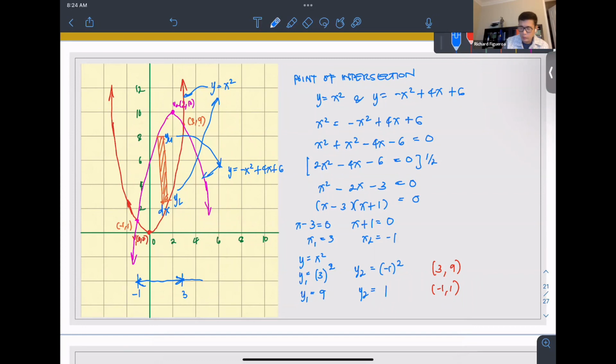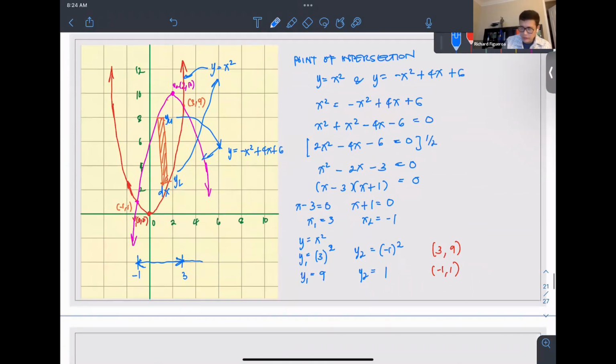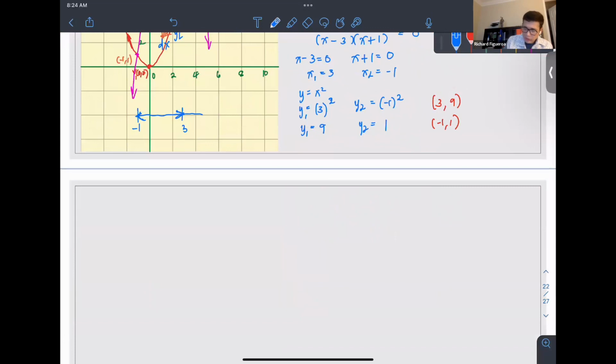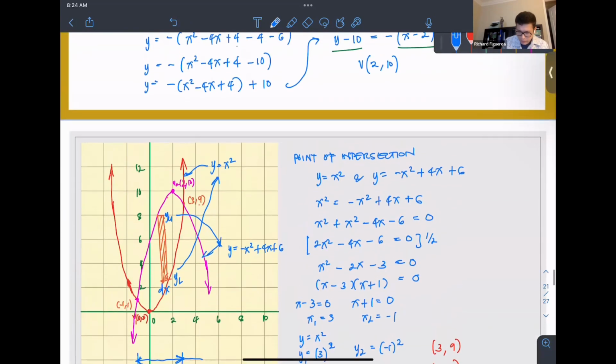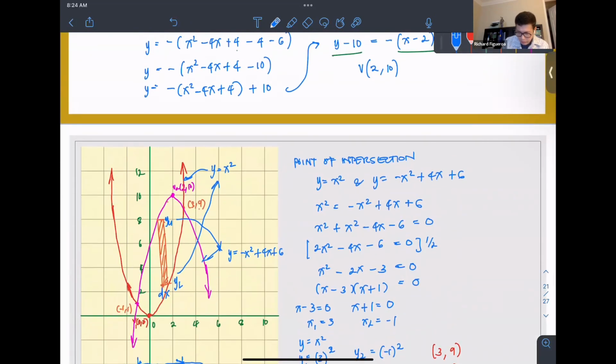So that will be our boundary. So from -1 to +3. So writing our formula, that is from a to b, y upper minus y lower dx. So our limits are from -1 to +3. Y upper is the pink curve.